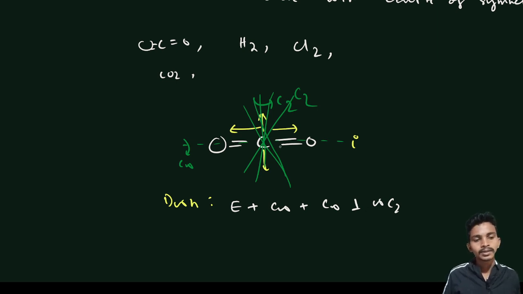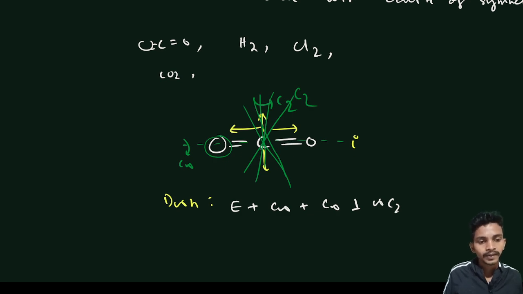Since this is a linear molecule, we can pass C2 anywhere because both sides are the same. You can pass it this side, or if you change the angle a little, then also it is C2. If both are oxygen atoms, then if we pass C2 we get the equivalent structure.